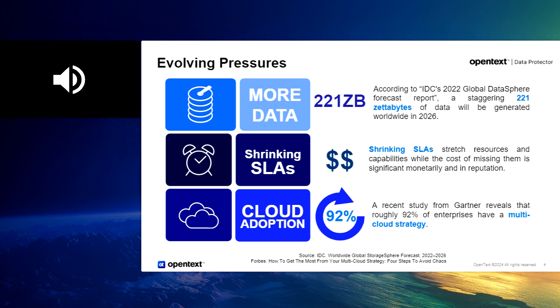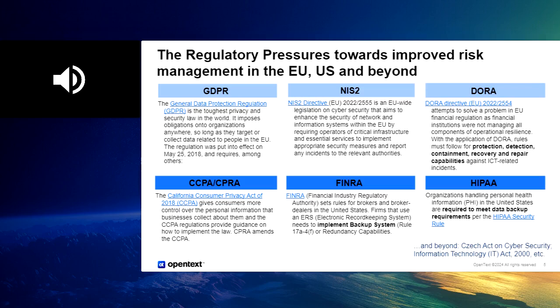On top of that, we also have a number of regulations that have been put in place. Over the last few years we've seen a lot of these regulations, and they vary. The top three: GDPR is probably the most common one that everyone is aware of, and I'm sure you're more than aware of the fines that come with not being compliant with GDPR.